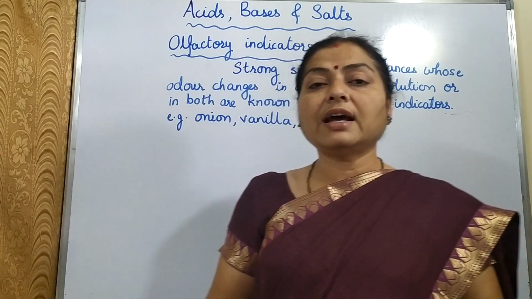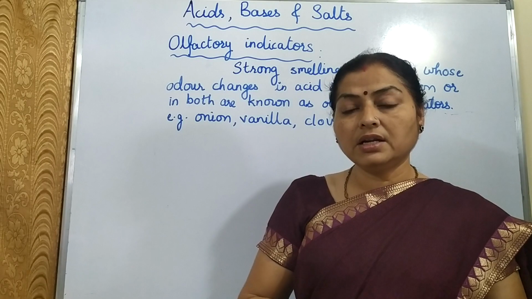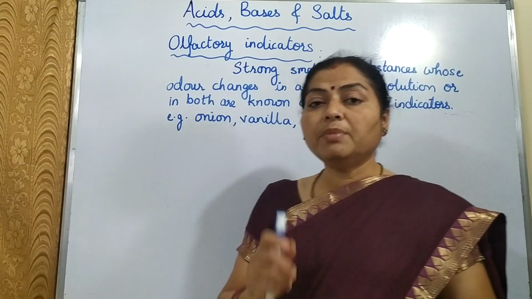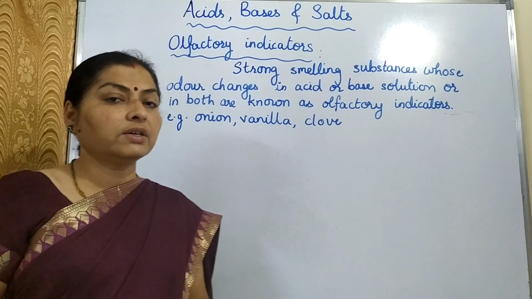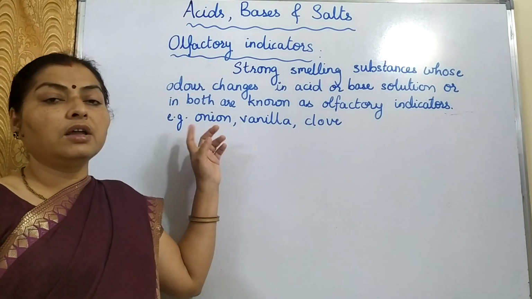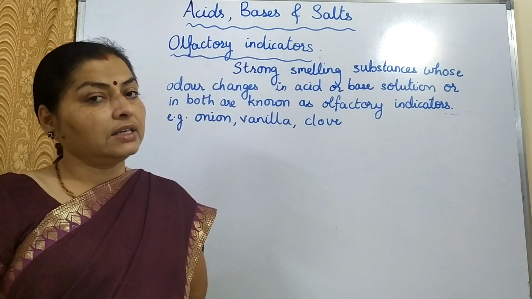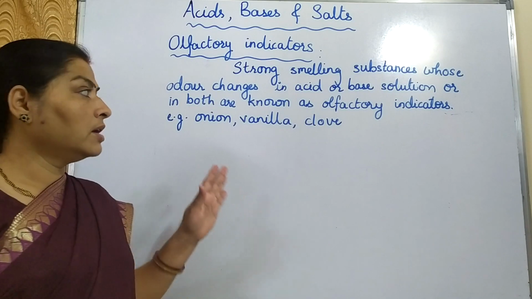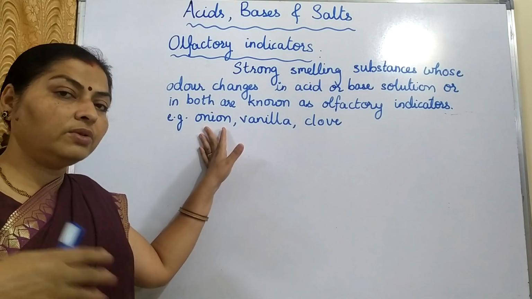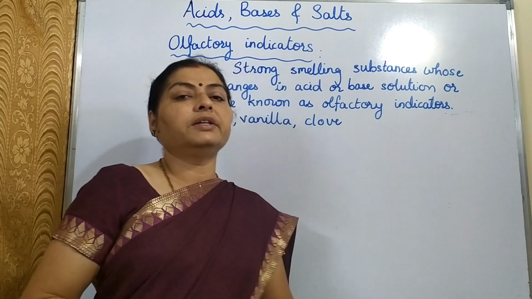So why does it happen? Because soap has a base, or detergents have base. So we can conclude that in the basic medium the odor of onion fades away. Whereas if you treat it with lemon juice, the odor will remain as it is, it will not disappear, or it will persist. So this is a day-to-day life experience, but as I have told you, you perform it, so you get the results.